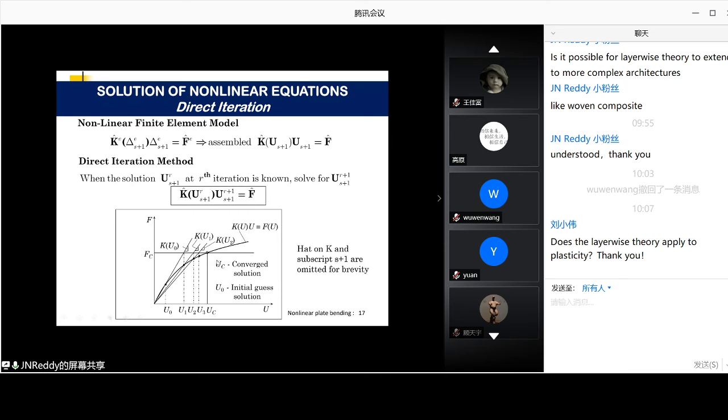What the direct iteration does, when you start with the initial guess, that guess corresponds to a point on the load deflection curve. So you draw a straight line from the origin through that point. And wherever that hits your load vector. So FC is the load that you are putting on the structure. For that load, the solution is this solution, right?